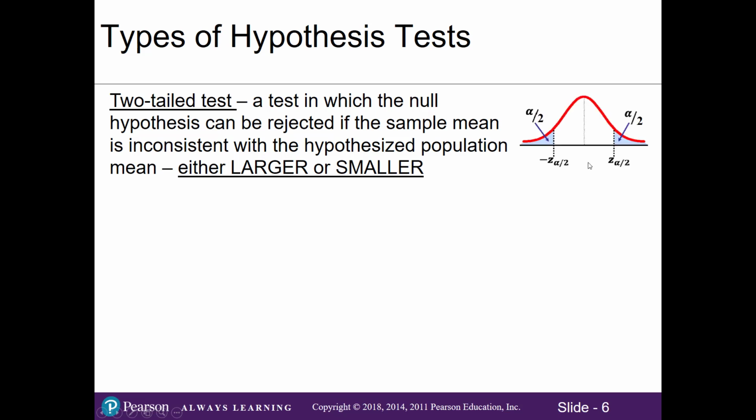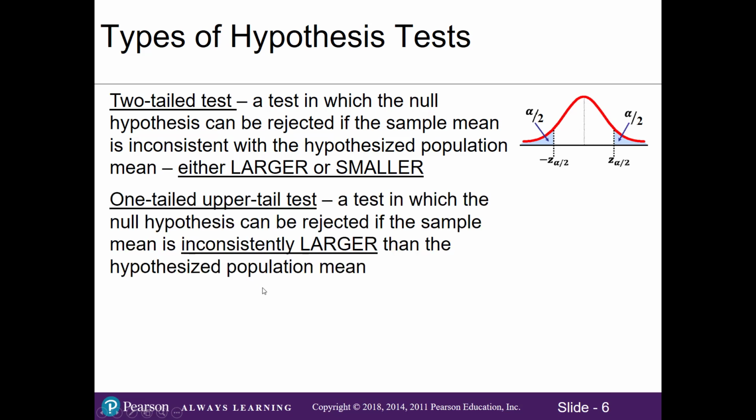Recall in Chapter 8, we learned about confidence intervals, where we were looking at where our data typically falls within this space, whether it's 80%, 90%, or 95%. With hypothesis testing, we're now focused on the outer tails, where our sample mean is either extremely larger or extremely smaller. And therefore, we're now out in the tails. That means it's not within our confidence interval estimate in here.